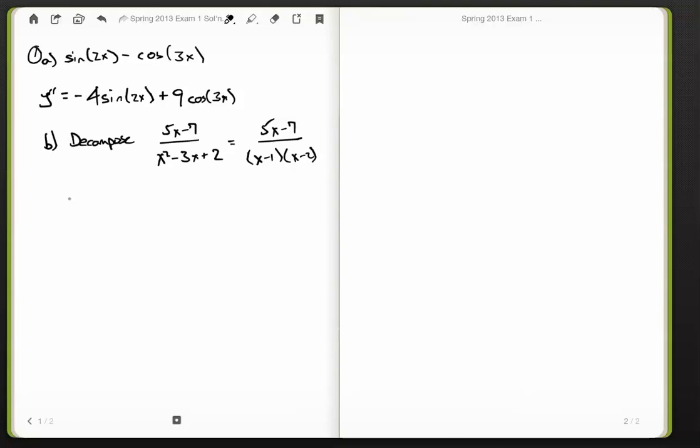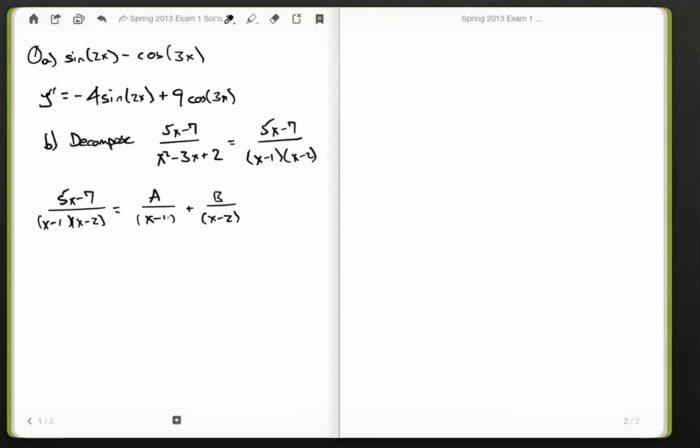So I'm going to set this up, and I'm going to say that 5x minus 7 over x minus 1, x minus 2, these are nice easy linear factors down here, so that just becomes A over x minus 1 plus B over x minus 2, okay?